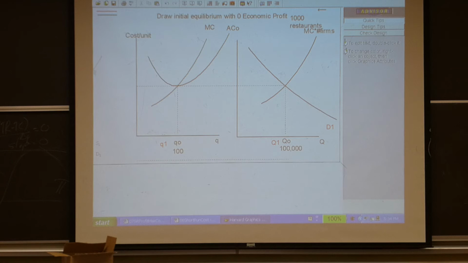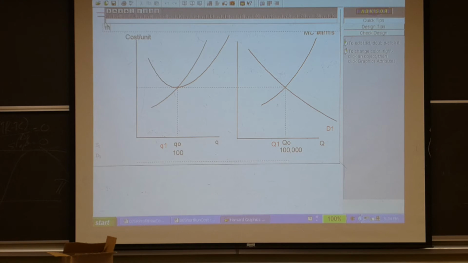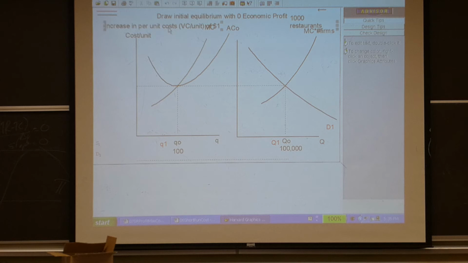We are going to have an increase in variable costs per unit of $1. So let's just pretend this is $10 right here.